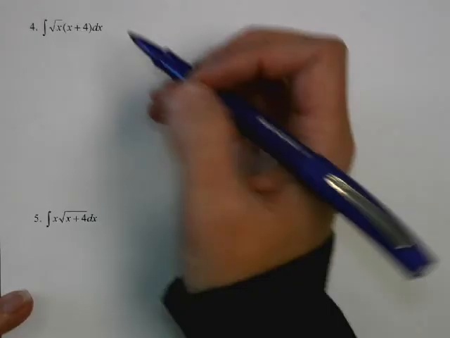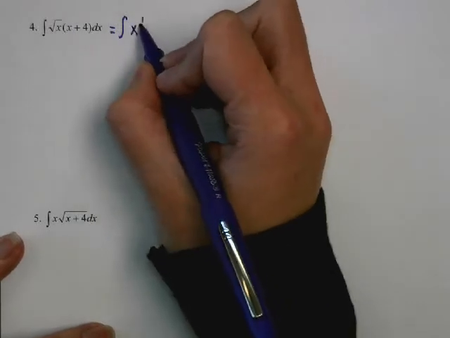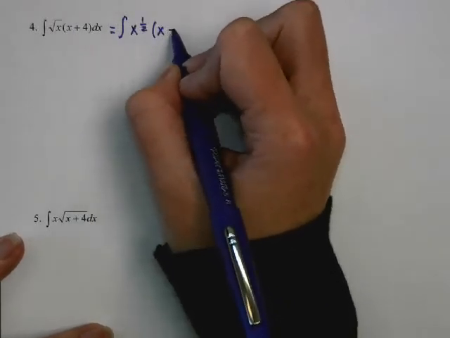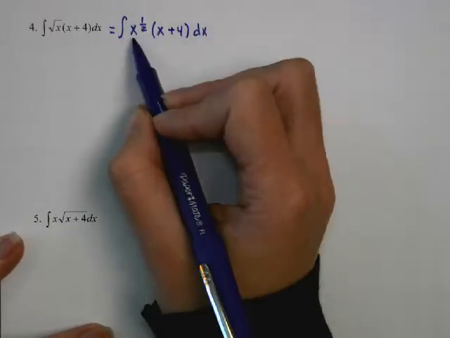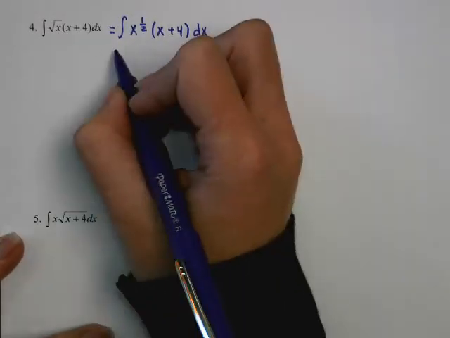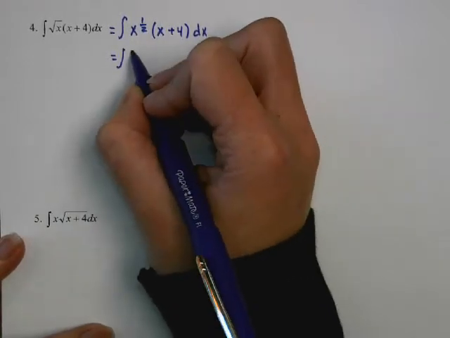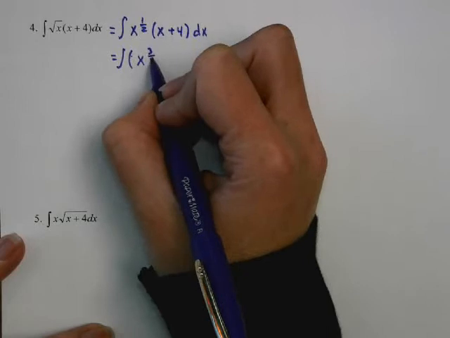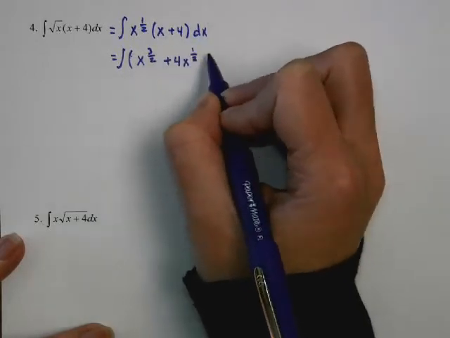For number 4, I'm going to rewrite the radical as just x to the 1/2. And we don't have to do a u substitution here because I can simply just multiply this in. So we're going to have x to the 1/2 times x to the 1 is going to be x to the 3/2 plus 4x to the 1/2.